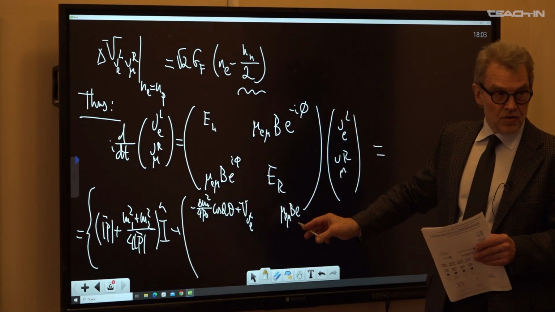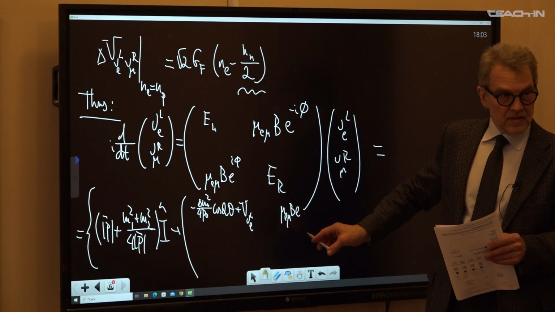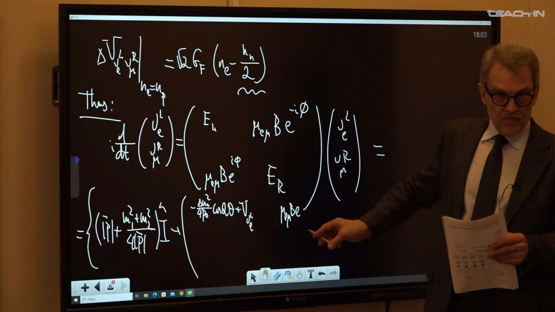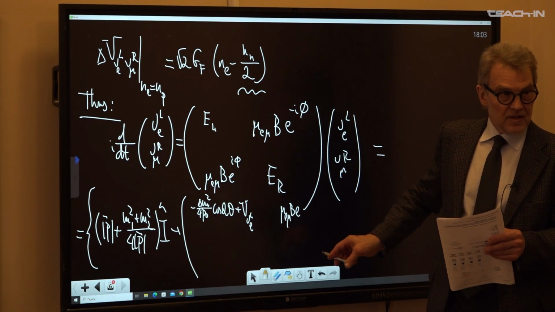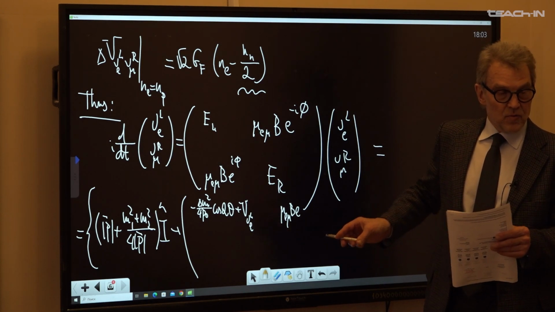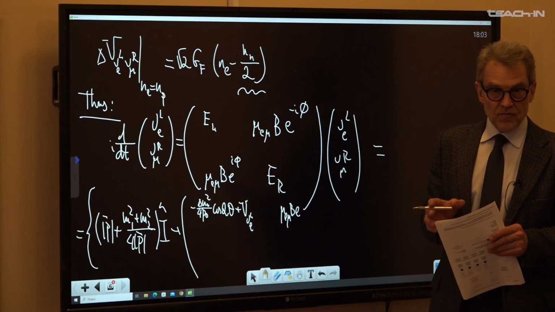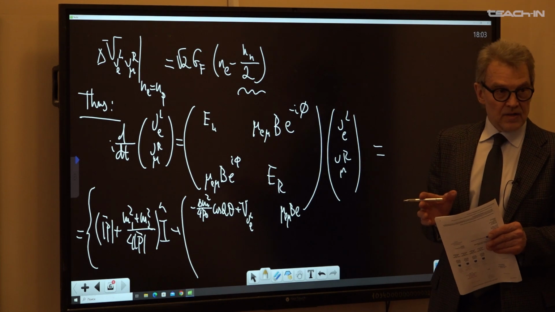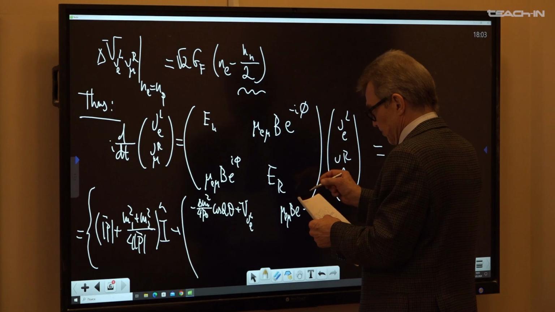Also, in this term there are transition magnetic moments in the mass basis and diagonal magnetic moments for the mass states of neutrino mass 1 and 2, multiplied by specific combinations of cosine theta and sine theta.